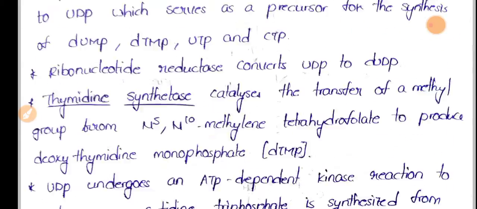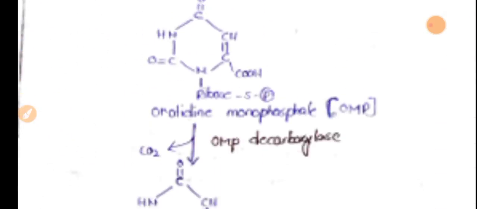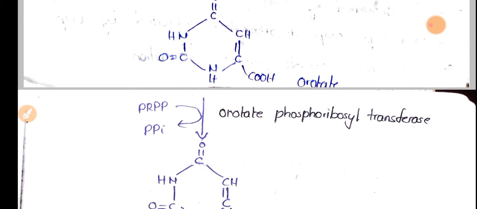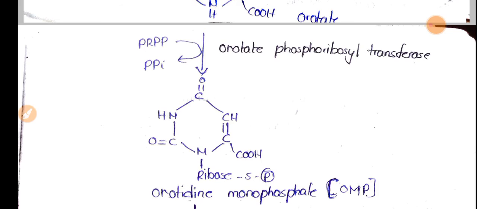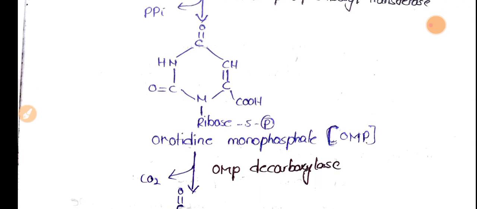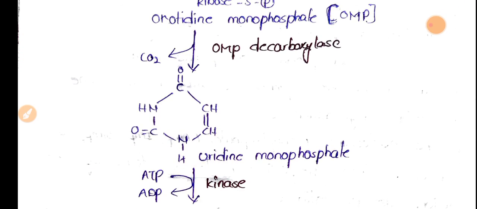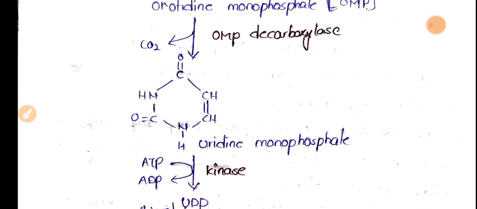So let's see the reactions. Orotate is converted into orotidine monophosphate by the enzyme orotate phosphoribosyl transferase. Now we have got orotidine monophosphate.